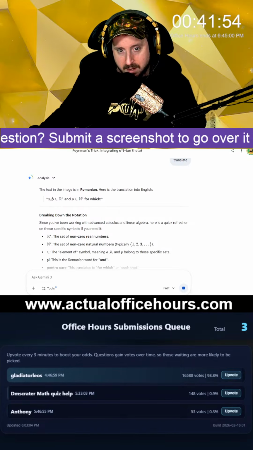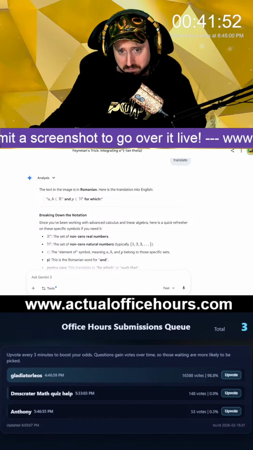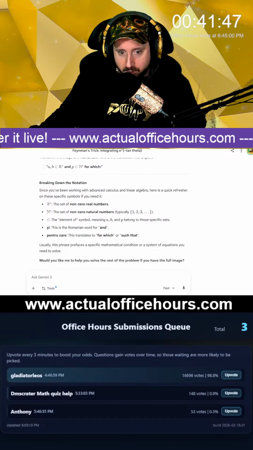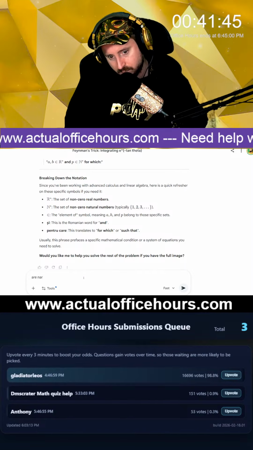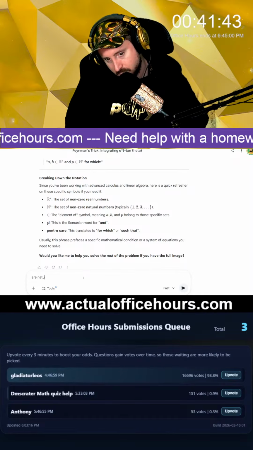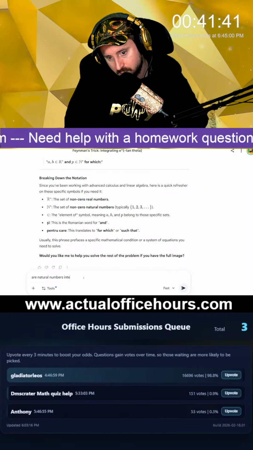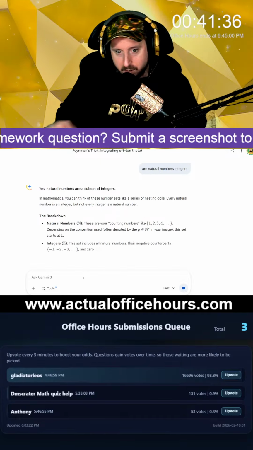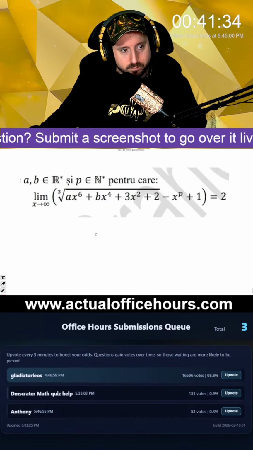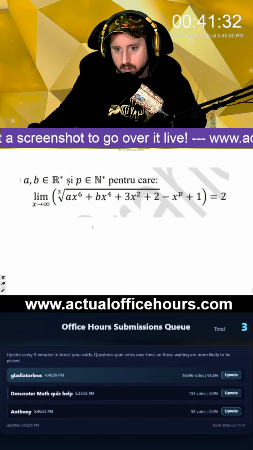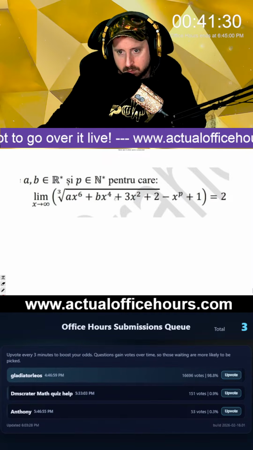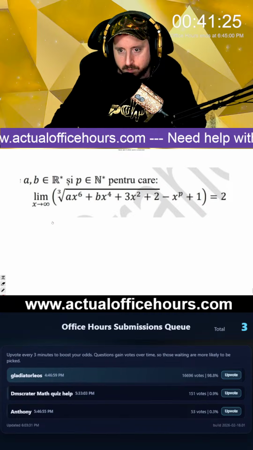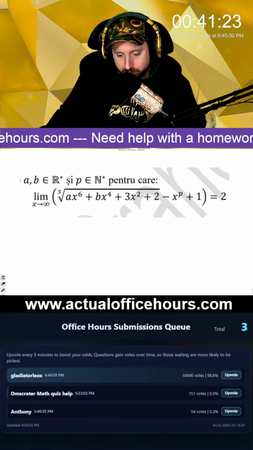Okay. A and B are real, and P is a natural number. Are natural numbers integers? Oh, they are integers. Okay, cool. So we want to show the limit as x approaches infinity of this is equal to 2.